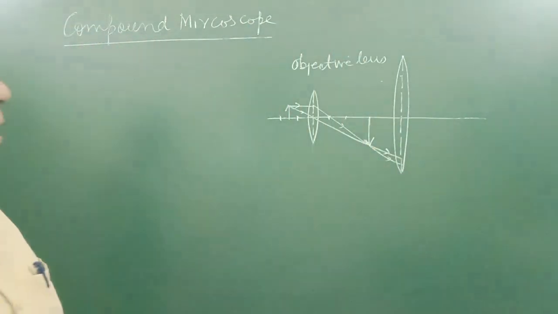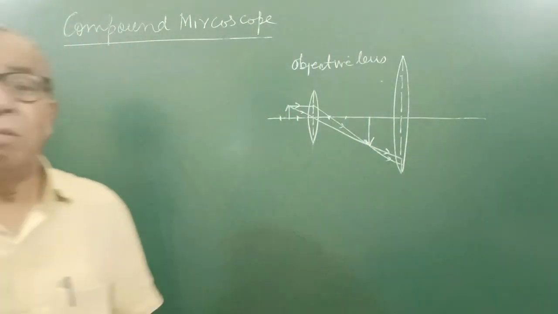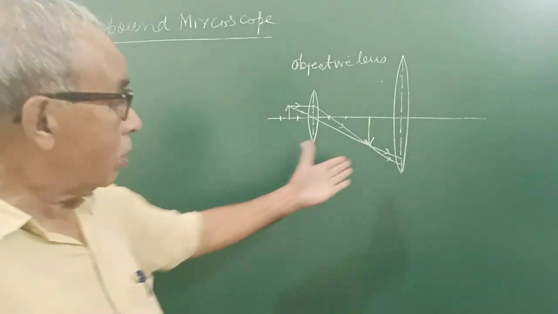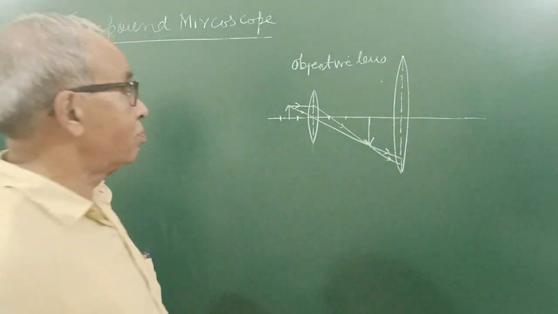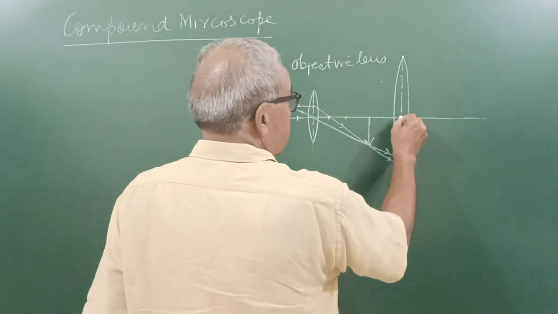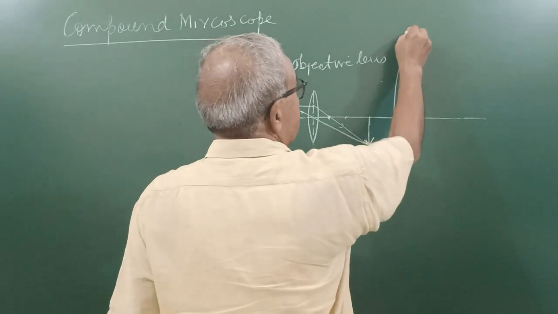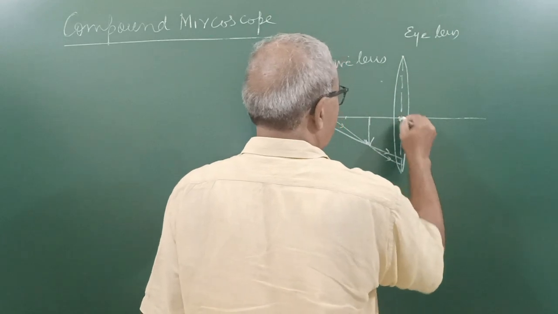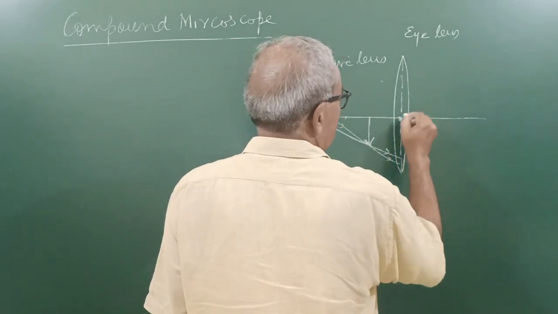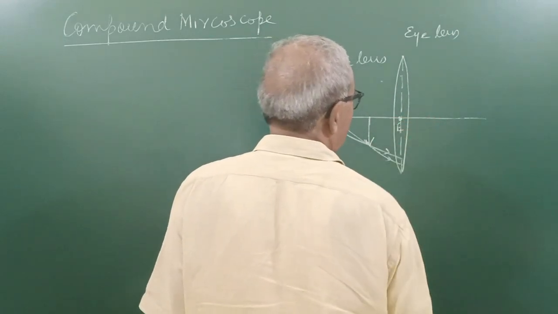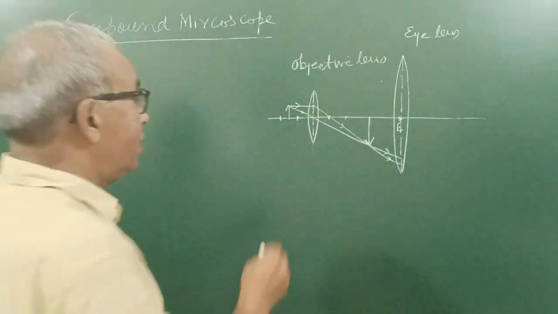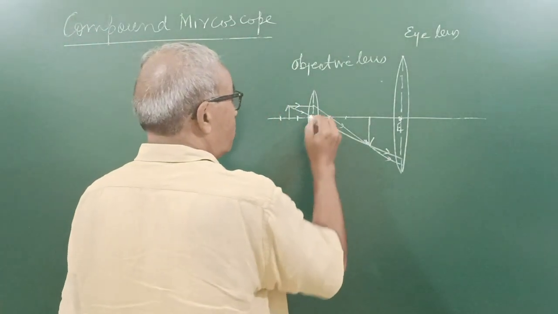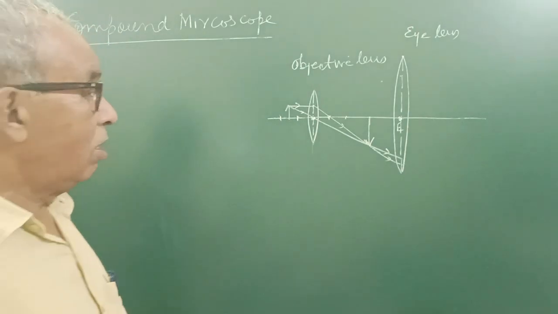Though the lens appears very large here, it is my trouble just to explain the diagram. This is the eye lens. Mark here point E. Actually, E is the optical center of the eye lens, and O is the optical center of the objective lens.